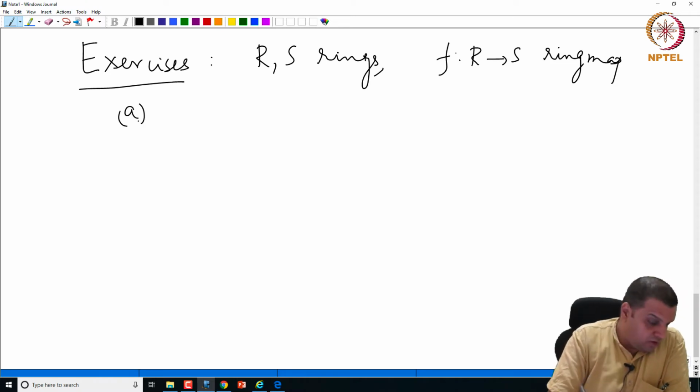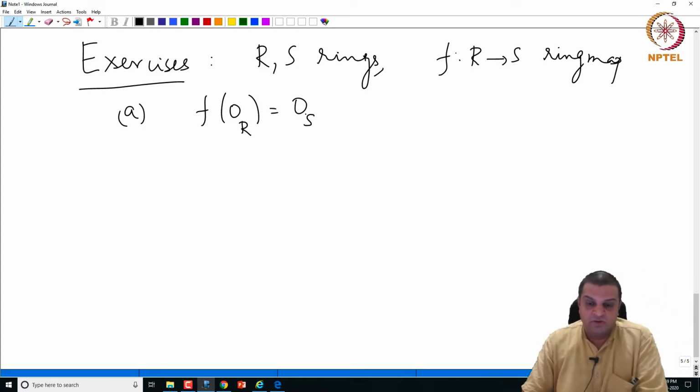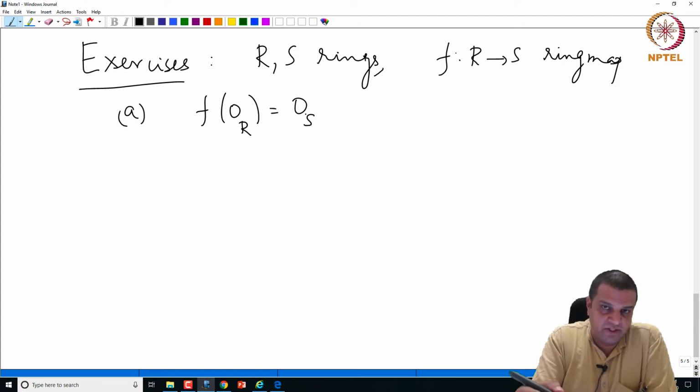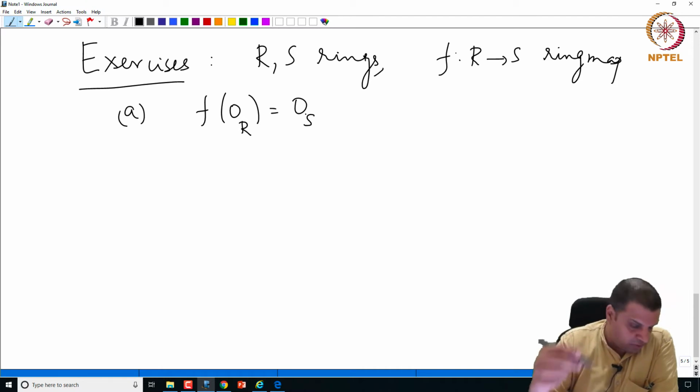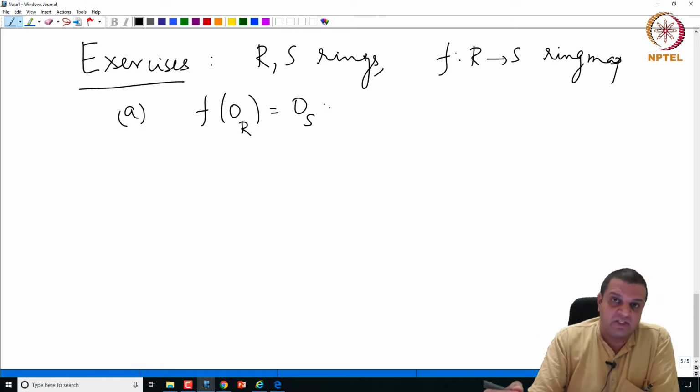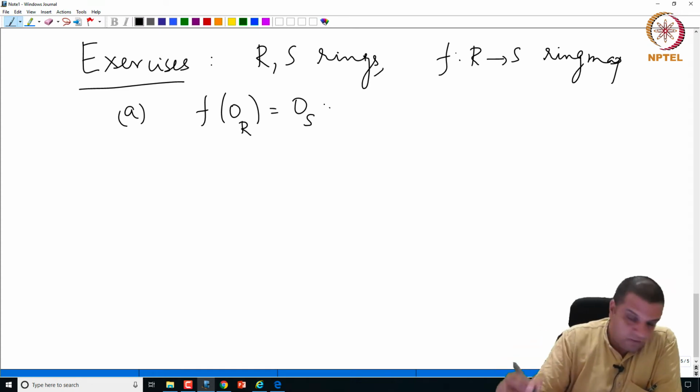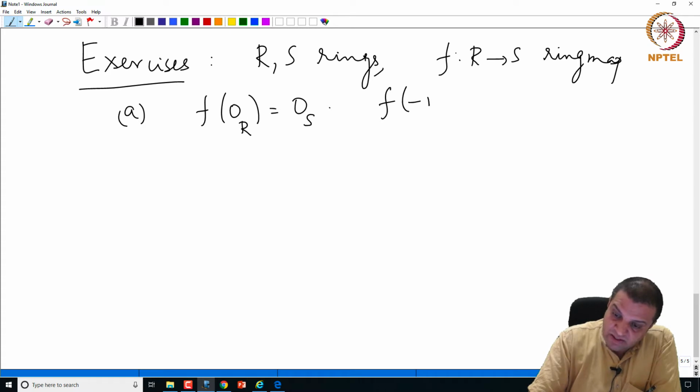A, f of 0_R is the 0 of S. So this was not part of the definition explicitly, but it follows from the definition that this is true. One must prove this, which is why this was not explicitly stated. The only part that was stated was about the multiplicative identity. And f of minus r is minus of f of r.